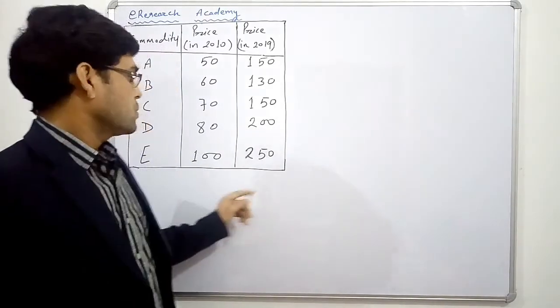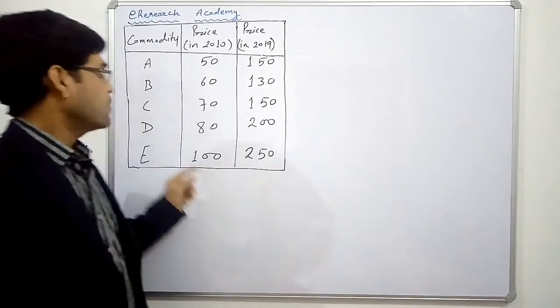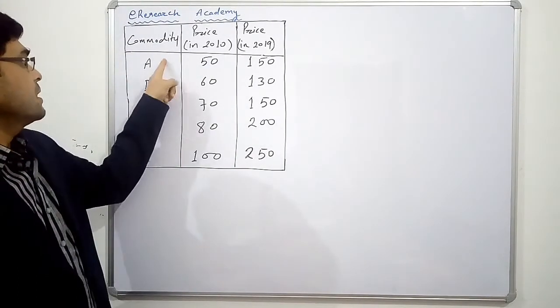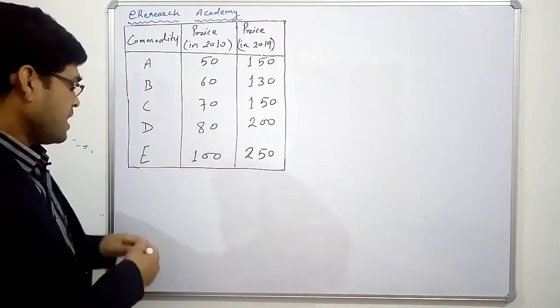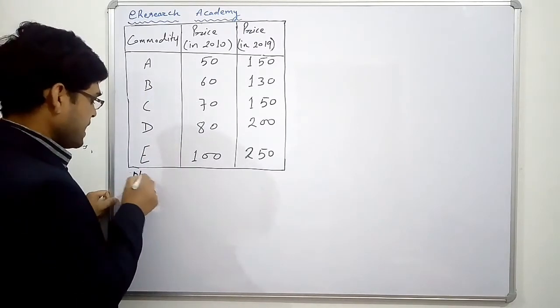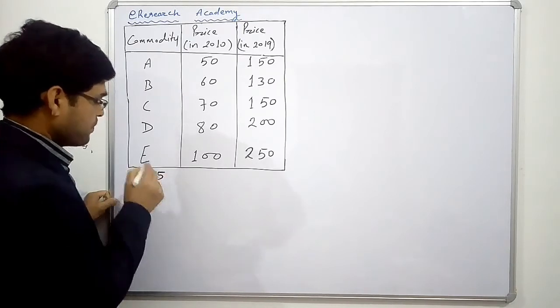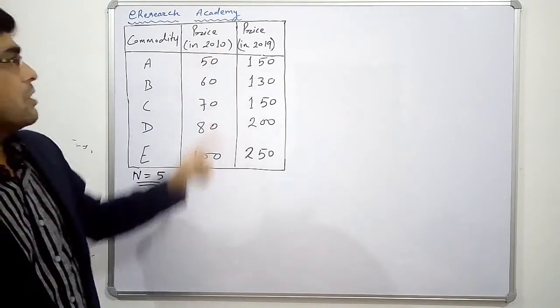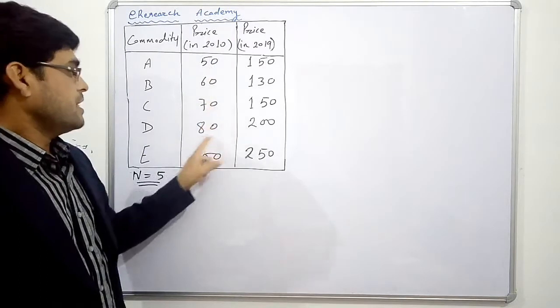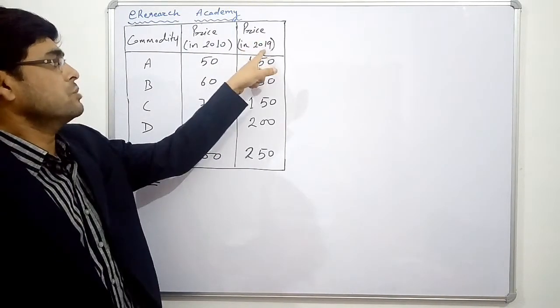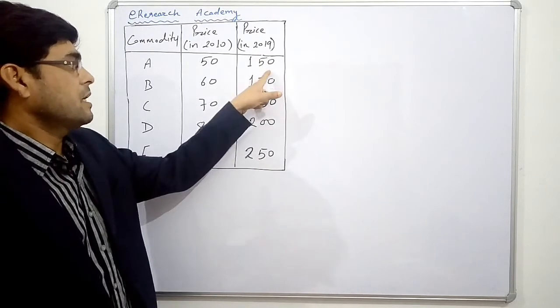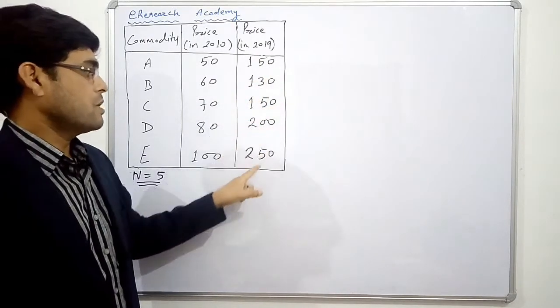So let's start. We have a question here: the commodities are given as A, B, C, D and E. We have a total of 5 commodities, so N is 5. The prices in 2010 are 50, 60, 70, 80 and 100, and these prices changed in 2019 to 150, 130, 150, 200 and 250.